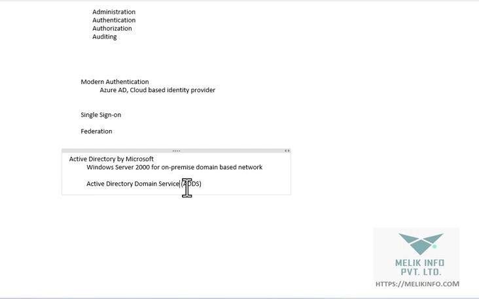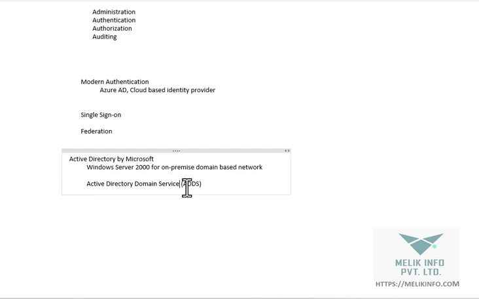You can use Active Directory for managing your Windows based devices. You can manage your identity.